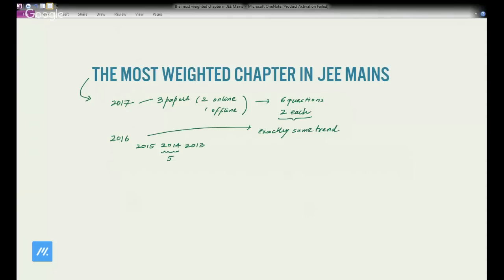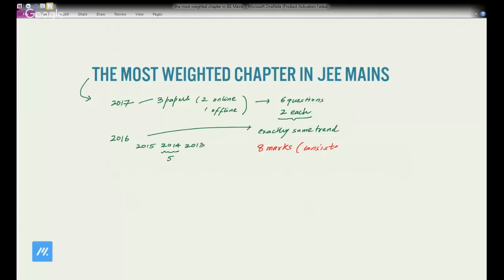In those also, you will find that in each paper there were two questions from vector 3D. So that is why it is the most valued chapter in JEE Mains. Most valued. Believe me, guys, if you are not preparing this chapter, then you are actually not going to score in JEE Mains. It comprises 8 marks, which is a hell of a lot, and that is consistent.